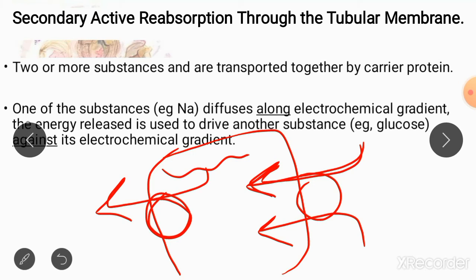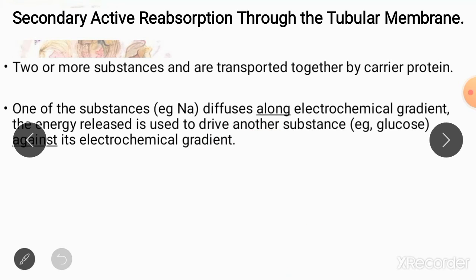That is the sodium potassium ATPase pump. So there is no direct usage of ATP, but there is indirect ATP energy in the form of sodium gradient, which helps sodium to enter the cell and bring along another substance against its concentration gradient. So this is known as secondary active transport.